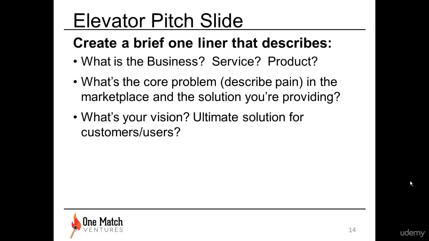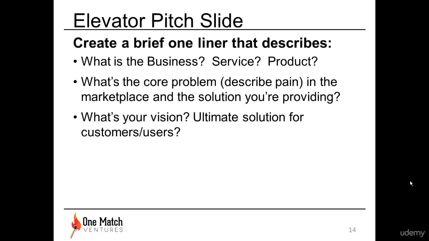And the 3 ultimate things that you're trying to get across in this tightly bound amount of text or images is, 1, what is the business? What is the service or product that you're selling? And how does that solve a core problem? Hopefully it is a significant problem and it's a pain that people can really feel in the marketplace, and how your solution is solving that.